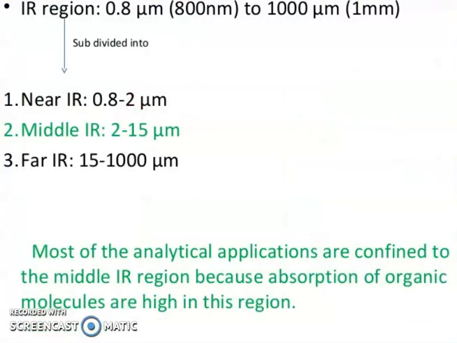So, my friend, the IR region is 800 nanometer to 1 mm. There are different subdivisions: near IR, middle IR and far IR, with different ranges. Most of the analytical applications are confined to the middle IR region because absorptions of organic molecules are high in this region.